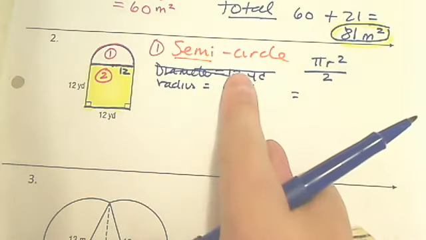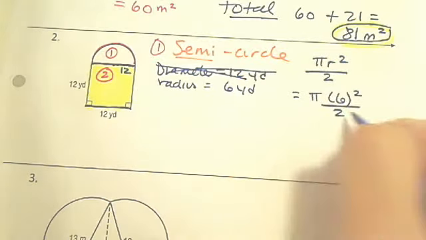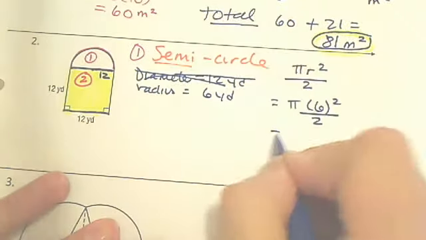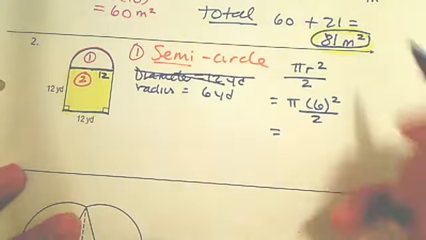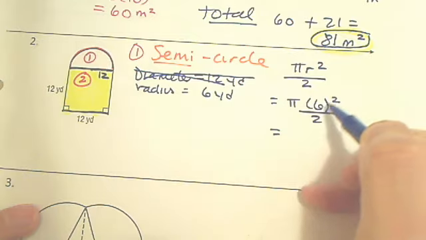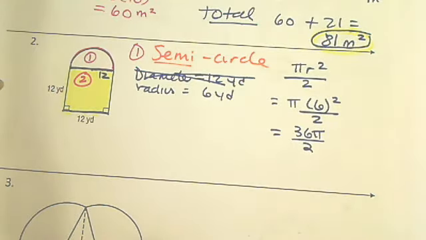So here I cannot use the diameter, so don't use 12. Pi times 6 squared divided by 2. Geometry is very simple. All you do is identify the formula, put the numbers in where they go, and multiply it out. 6 squared is 36, so we have 36 pi divided by 2.